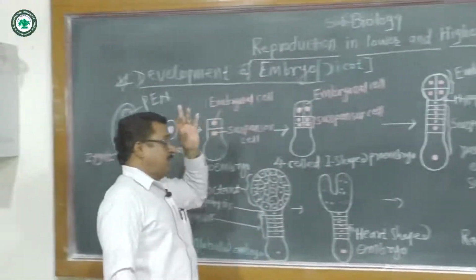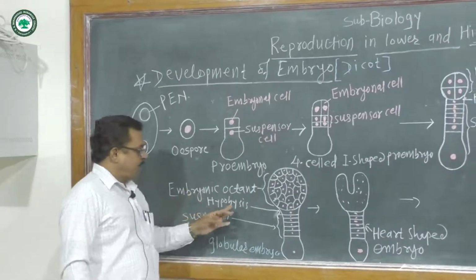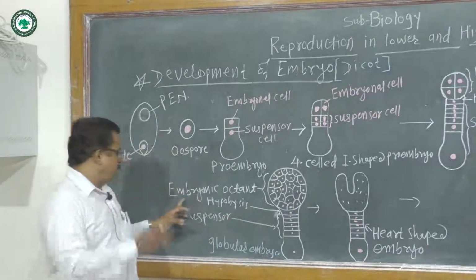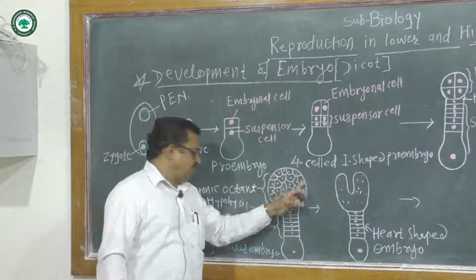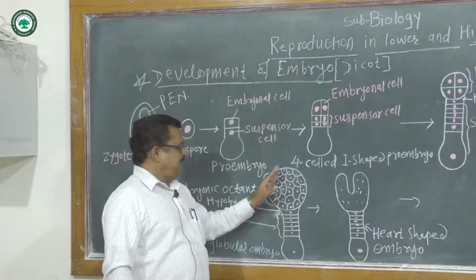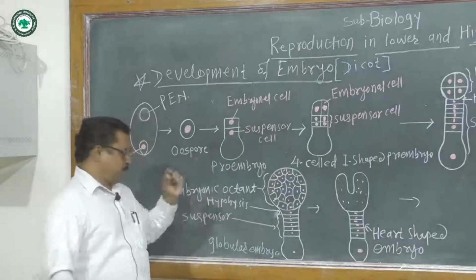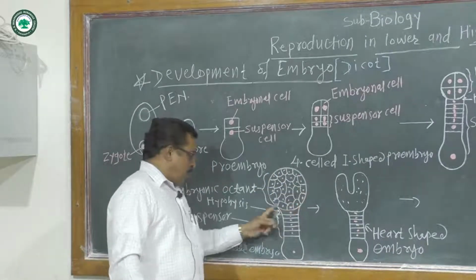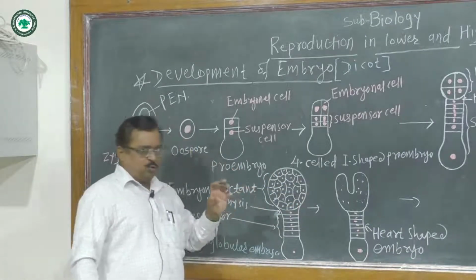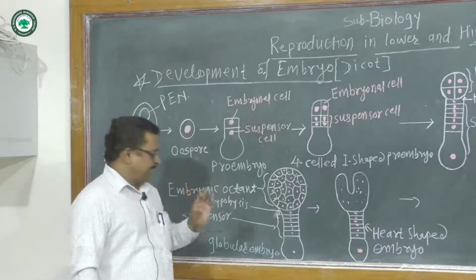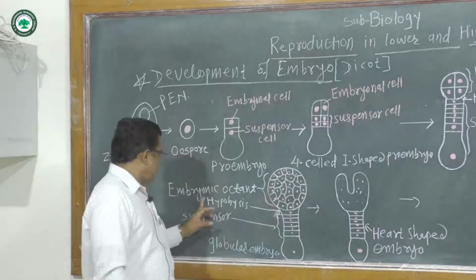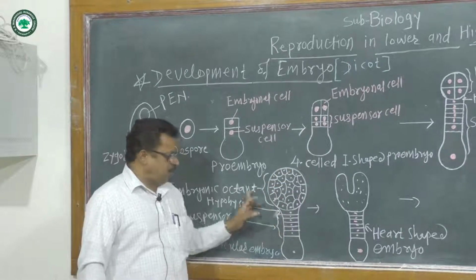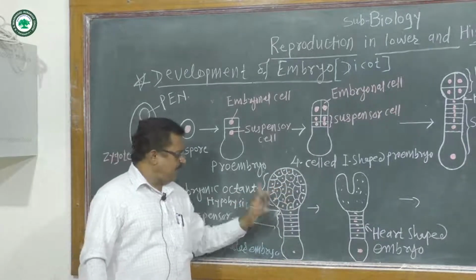Then from this octant the mass of proembryo is formed, with the eight cells arranged in two tiers, the outer tier and the inner tier.